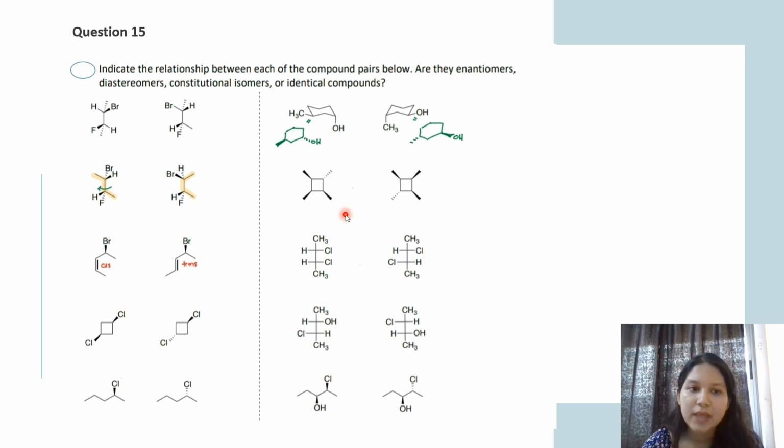Next, we have been given various pairs of molecules where you have to indicate the relationship between each of the compound pairs given. Are they enantiomers? Are they diastereomers? Are they constitutional isomers or identical compounds?